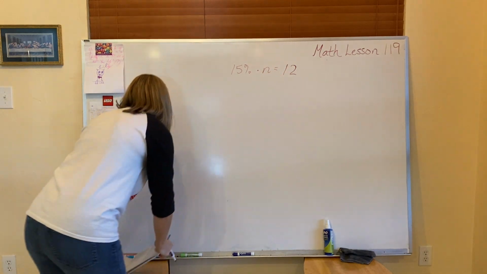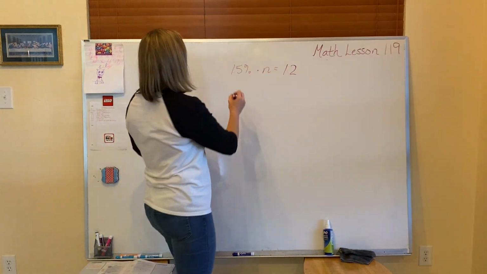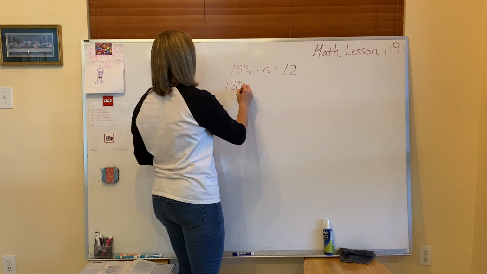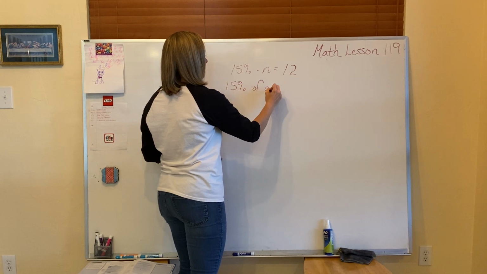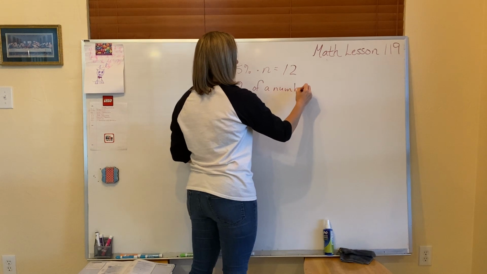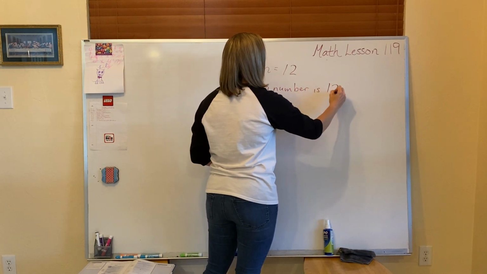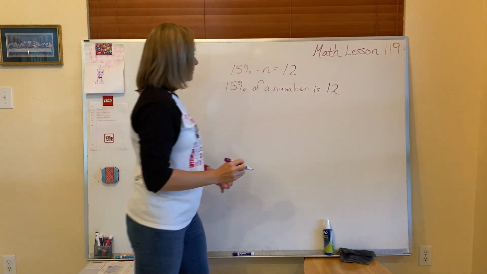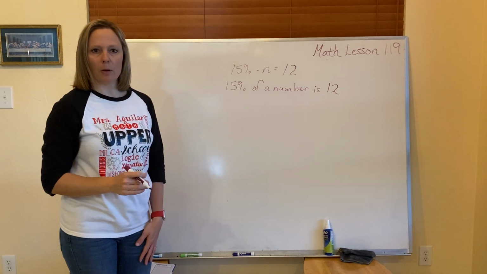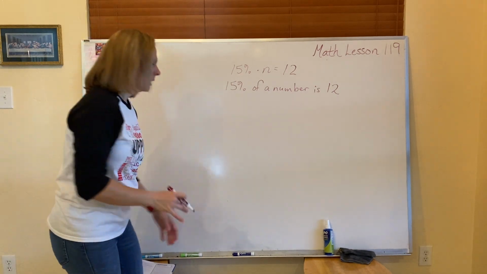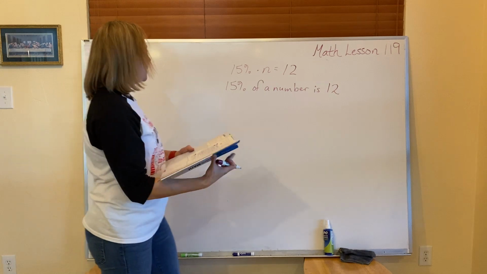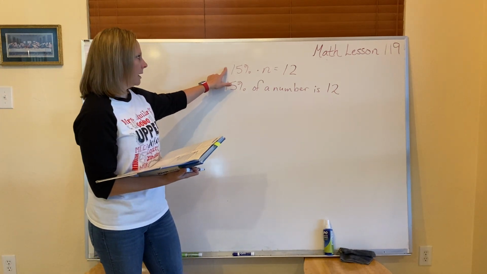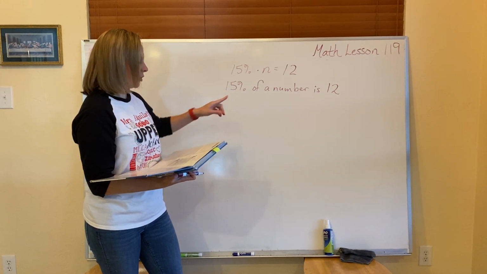So we know that this will translate to 15% of a number is 12. Okay, so get creative and think about a word problem if you'd like. Otherwise, just know that that's how we translate this equation into English.